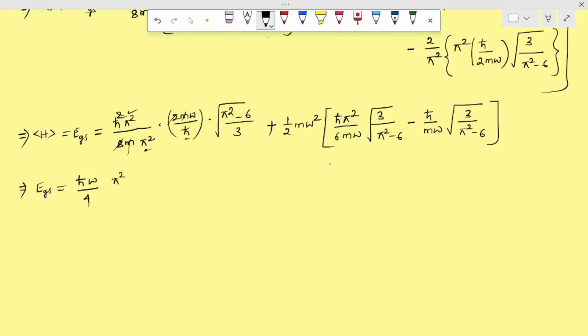Square minus 6 by 3 root over, plus here half m omega square multiplied with this term and this term. How much can we get?